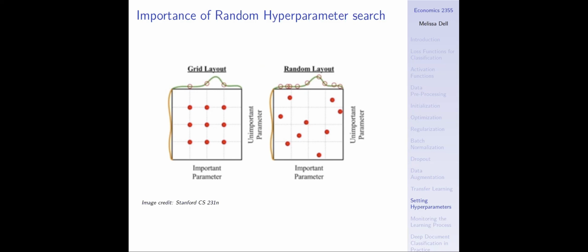Whereas when you do this random search, you're able to span more of your range, and you're able to see more values of what will probably turn out to be the important parameter. So in practice, when you are doing cross-validation with hyperparameters, sample your space randomly rather than with a grid.